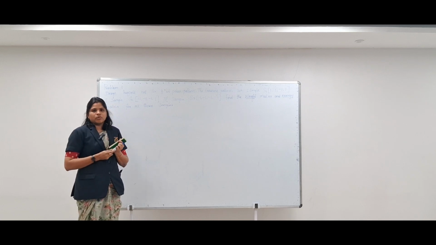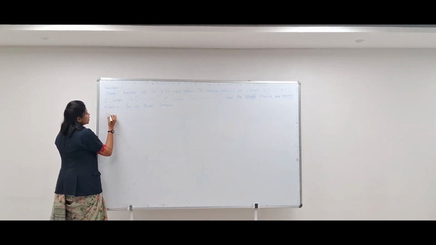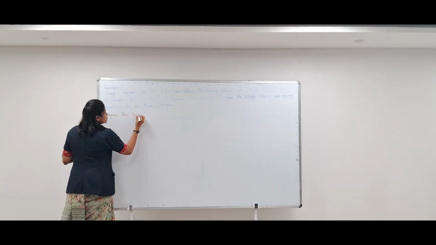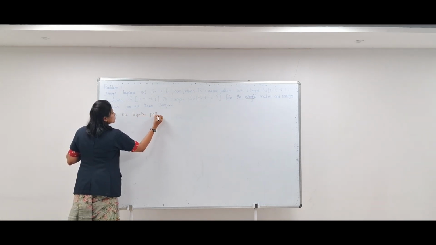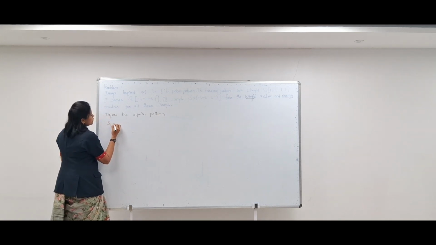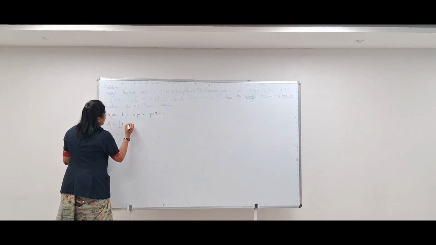So what is the first step? The first step is to define the bipolar pattern. So what are the bipolar patterns given? S1 is equal to 1, 1, minus 1, 1.